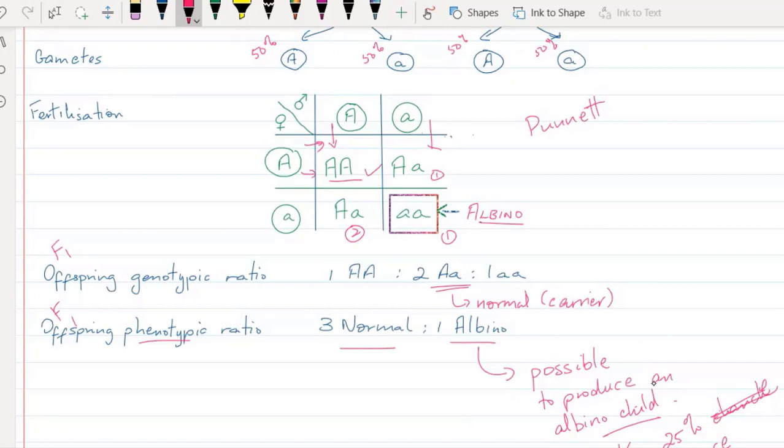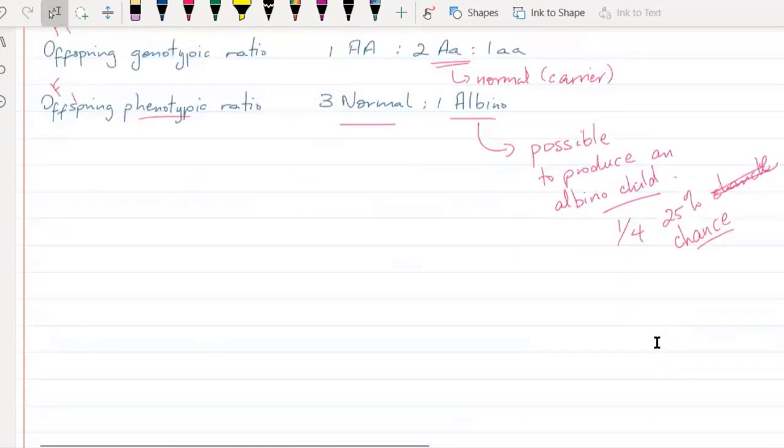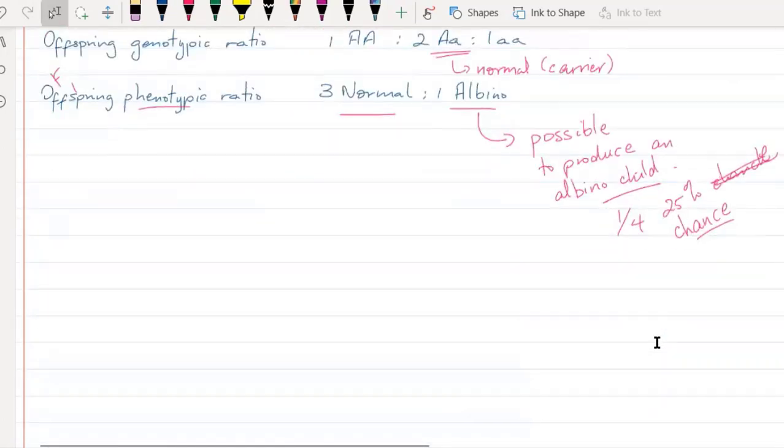And this, of course, shows us that it is possible to produce an albino child. You're looking at a 1/4, right? 1 plus 3, 4, 1/4, or 25% probability, 25% chance. And that's your genetic diagram.